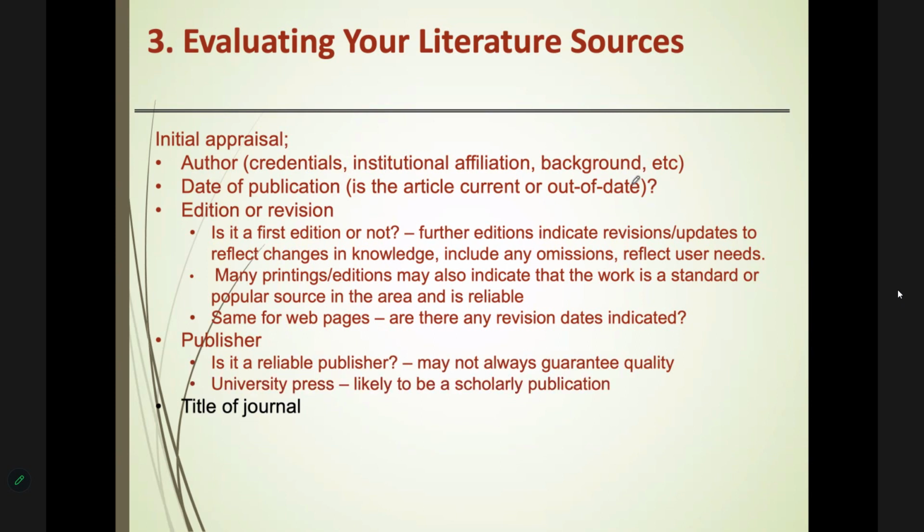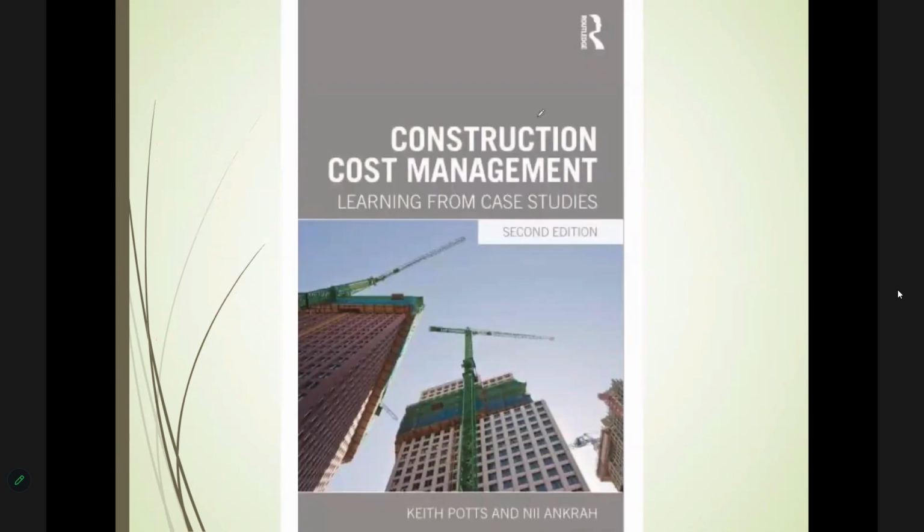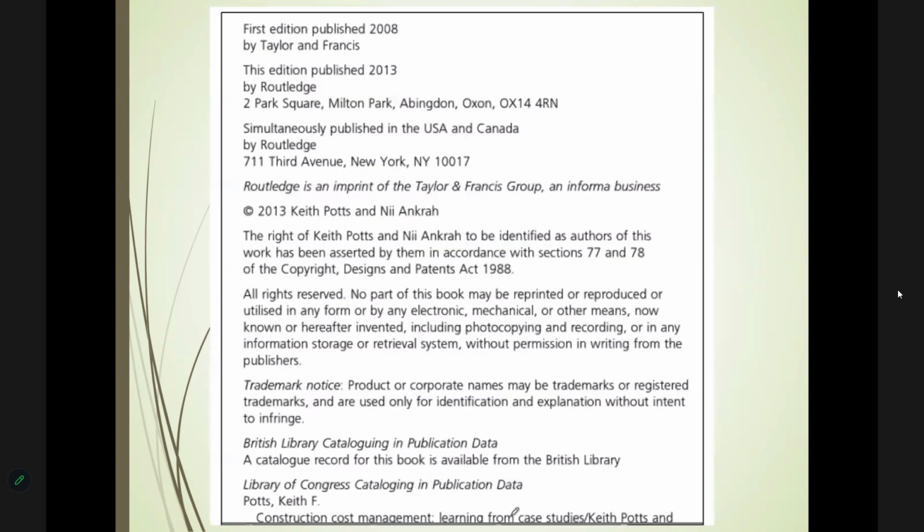Title of journal, you have to find out what the title of the journal is. So you can see the main things, the edition. This is a book, actually. Construction Cost Management: Learning from Case Studies, second edition, right? And the editors are there, right?